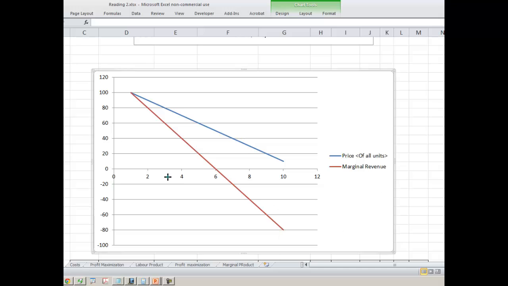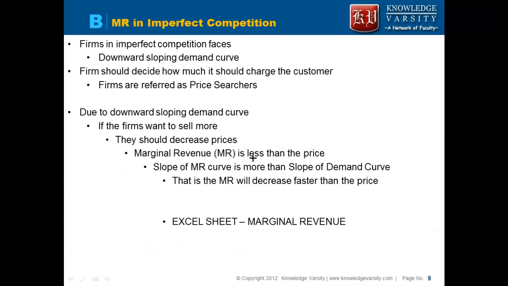The slope of marginal revenue is more than the slope of price. As a result, the firm may generate negative marginal revenue. That is, they sell an additional unit, and the additional revenue that they are getting is negative, which is bad. So ideally the firm should stop selling at this point, without considering the cost as of now.